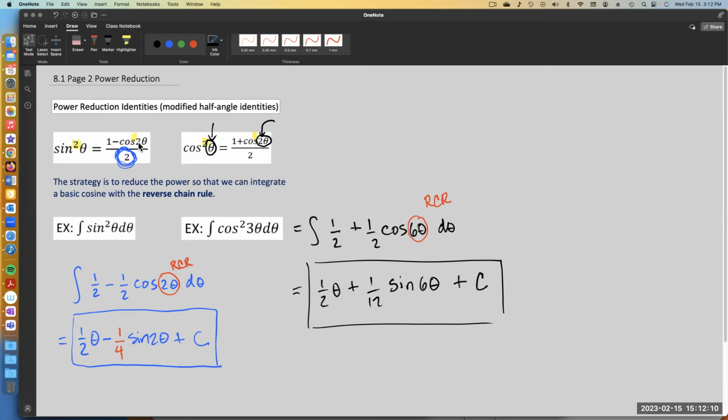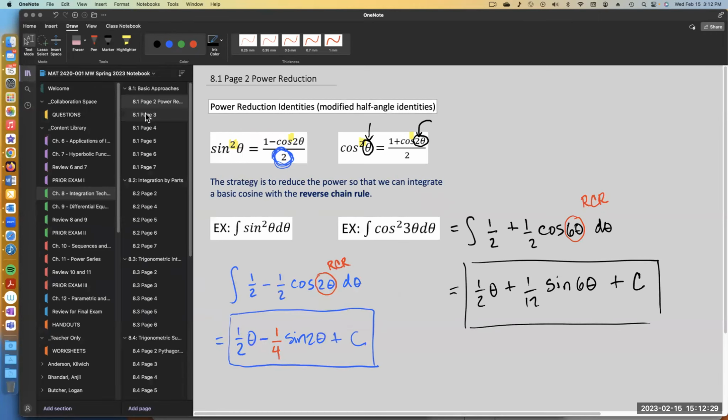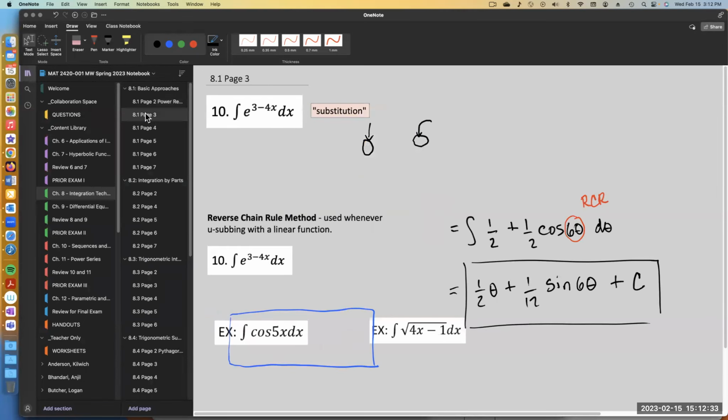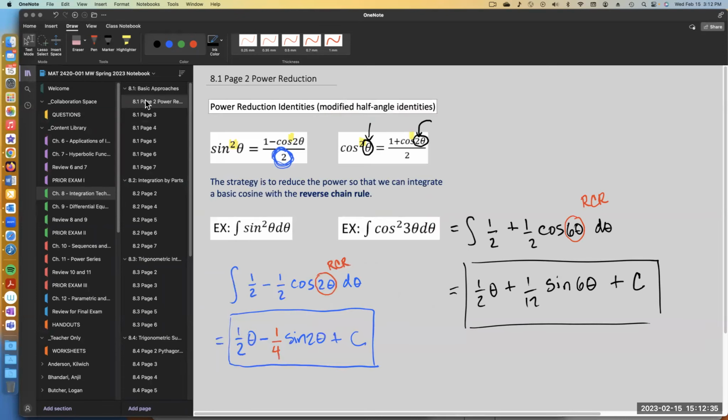So you're going to want to memorize these 2 identities right here, that sine squared is 1/2 minus 1/2 cosine 2 theta, and cosine squared is 1/2 plus 1/2 cosine of 2 theta. Those 2 identities right there. There are other reduction identities, but these are the only 2 that we ever memorize, just for sine squared and cosine squared.